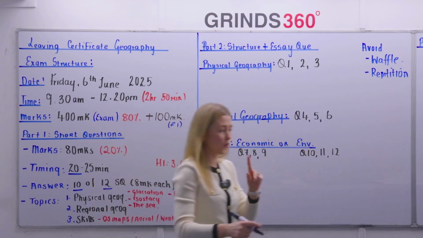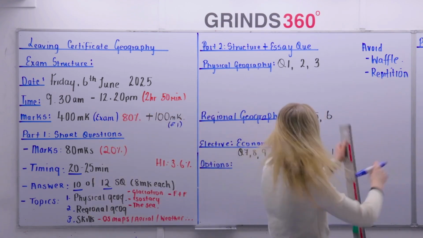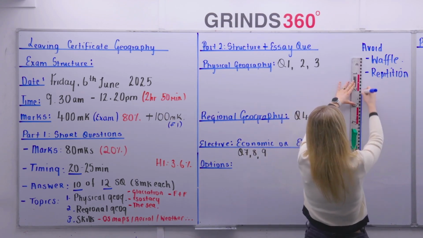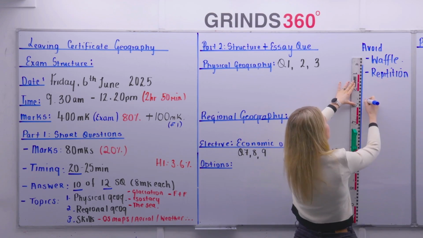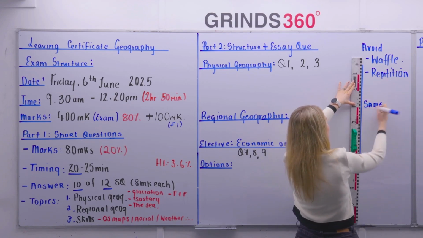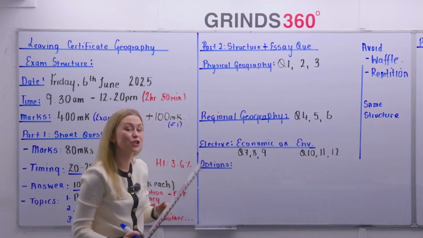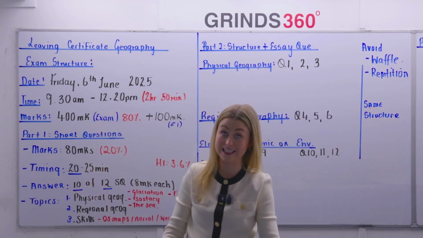Now, straight away, one thing to point out to you, and I'm going to draw a line down the side here. Everything as far as this point shares the exact same structure. So physical, regional, and your economic and environmental electives.